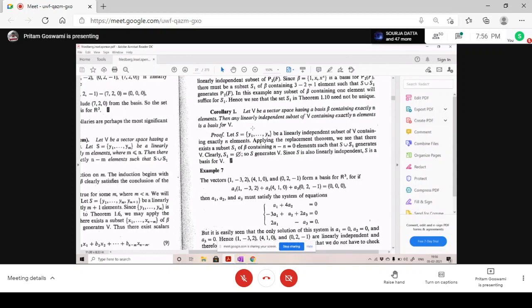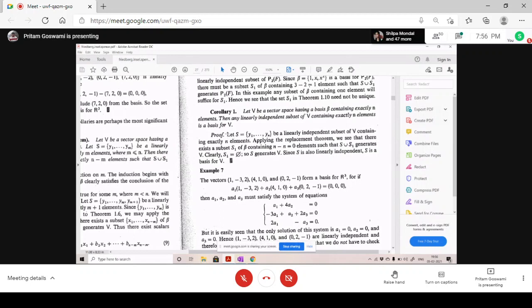You don't have to check if it spans the whole space or not. If you check the set is linearly independent, it has n elements, then it's a basis. It generates the whole space.